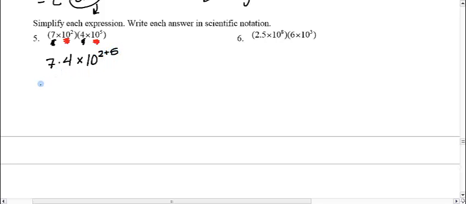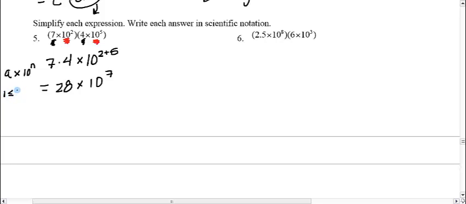Let's clean it up a bit. So we get 7 times 4, which is 28, times 10 to the 7th. Now looking at this, we'll notice that this is not in correct scientific notation. What we know is that we get some value times 10 raised to some exponent. That's scientific notation. Now here's the part we have to pay attention to.